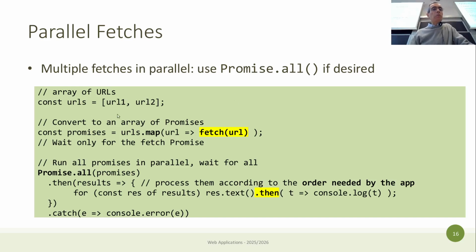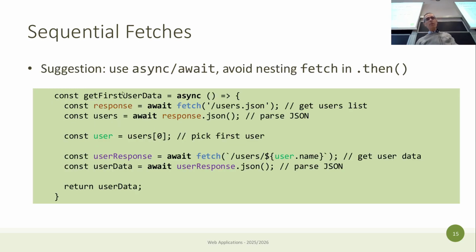It depends on what you want to show, how you want to handle the interface towards the user. You want to have all the data and then show? Problem is solved. You want to update the data as soon as you have it? You don't need this mechanism. Just have separate functions that run independent fetches and don't wait for the other fetch. Okay? It's fine.